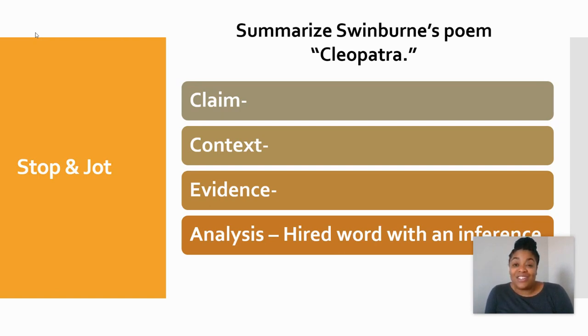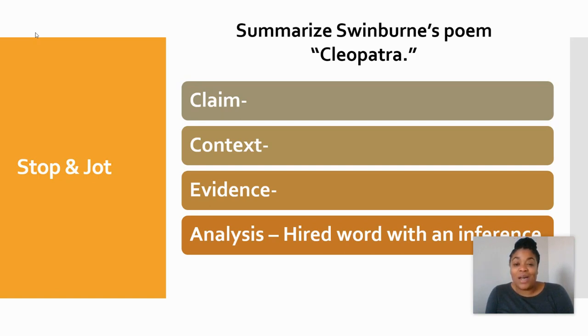So look at your T-chart. In your T-chart, we've broken down each stanza. And in each stanza, it talks about a quality of Cleopatra. So for your evidence, you can simply go in and select your stanzas. Look at what you wrote as your evidence, as your literal meaning. Use that as your evidence in your ACE response.